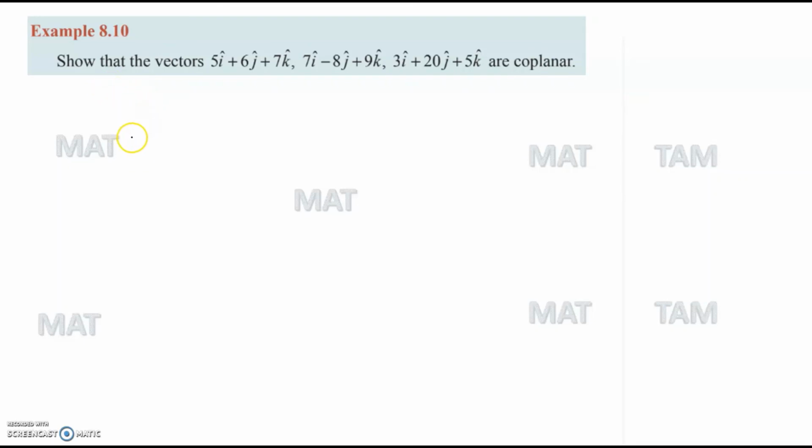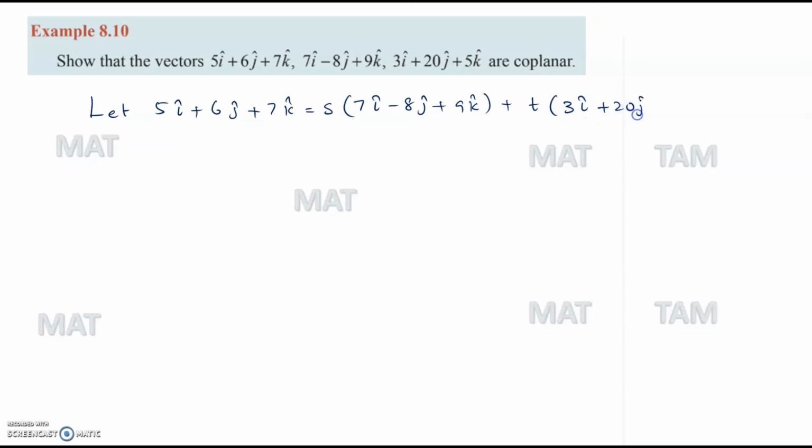So to start with, let's say 5i cap plus 6j cap plus 7k cap is equal to s, a scalar, multiplied with the second vector 7i cap minus 8j cap plus 9k cap. And let's multiply the third vector with the scalar t: t times 3i cap plus 20j cap plus 5k cap.